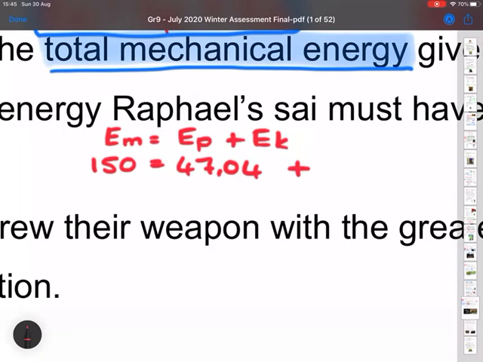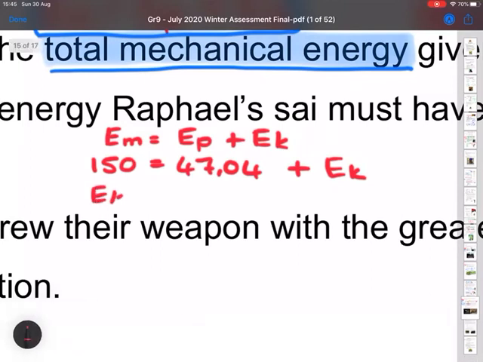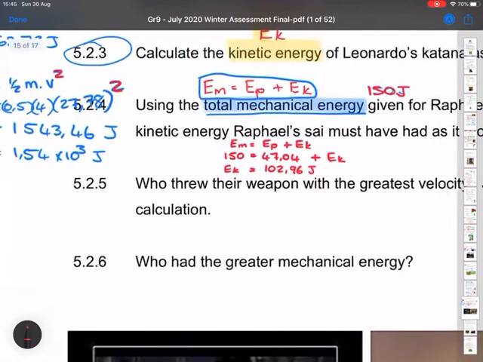And the kinetic energy is what we're trying to find. Take the 47.04 to the other side, so 150 minus 47.04 will give us a kinetic energy of 102.96 joules. You can write it in scientific notation, 1.03 times 10 to the 2 joules. So there we go.